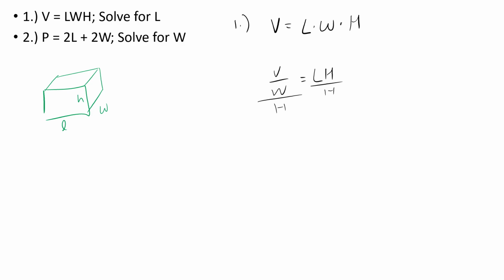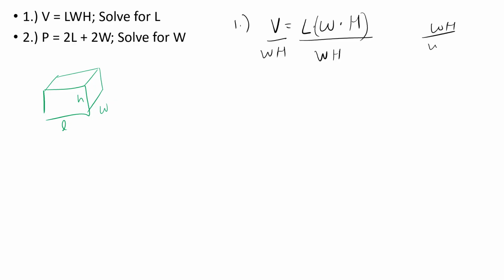You can recognize that the length is being multiplied by WH all together. And then to get the L by itself, you would divide by WH. So that works just as well. WH divided by WH is equal to 1.